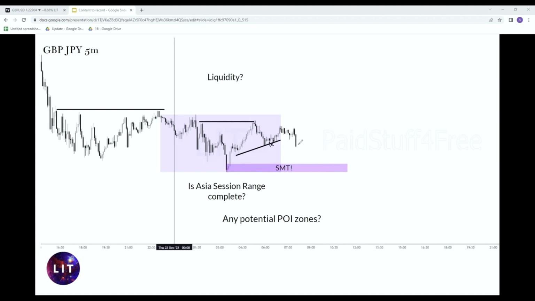Potentially, if price continues lower, we may aim to find buys. Again, it depends on London Open or Frankfurt Open of what price is doing. Ideally, we want to see an inducement in those time windows and then a mitigation. So in this case, what I can actually still see is price is building liquidity there, right? So it's built more liquidity to the sell side.